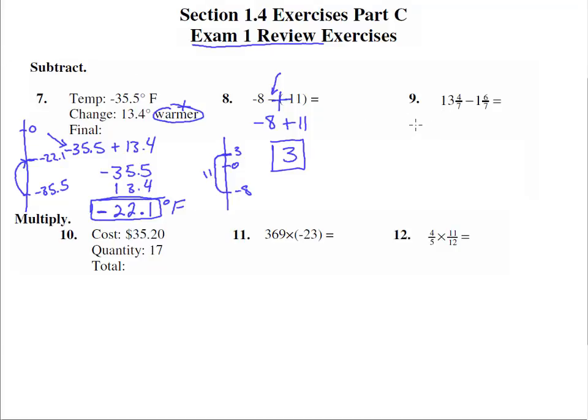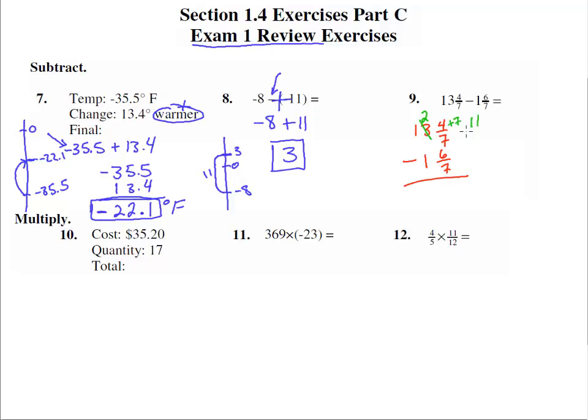13 and 4/7 minus 1 and 6/7. Ooh, this one's going to be a little tough, I think. 4/7 minus 6/7, we can't do that subtraction because 4 take away 6 would give us a negative number. So we borrow. Now when we change this to a 12, that means we're adding 1 over here, which is adding 7/7 to this section.